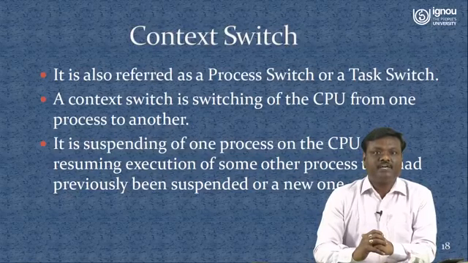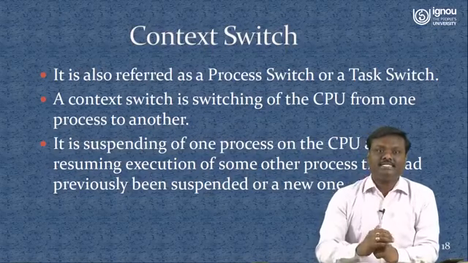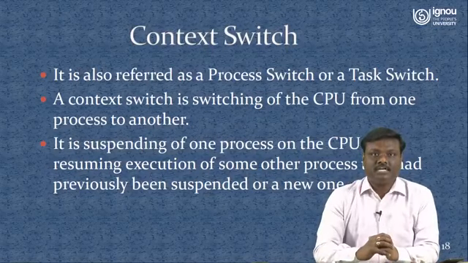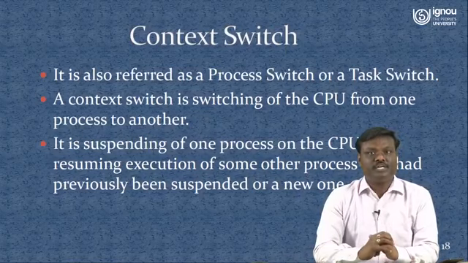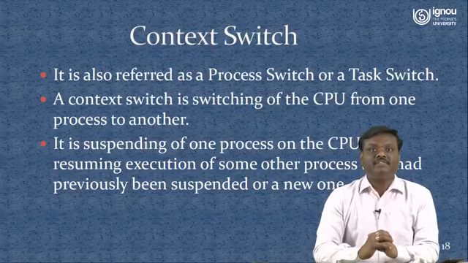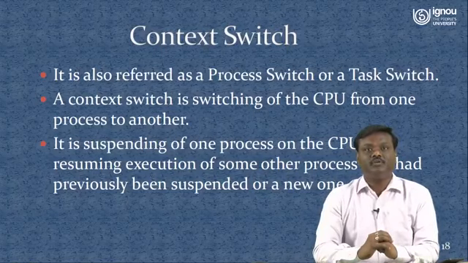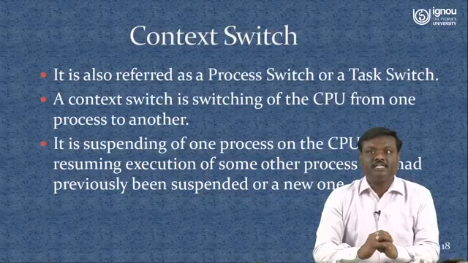It is suspending one process on the CPU, and another process is attached to the processor, and it will then be executed. Suppose it is a new one, everything will be loaded. Otherwise, if it is the old one waiting for the processor, then the PCB will be loaded, and then from the next instruction of that particular process will be executed.